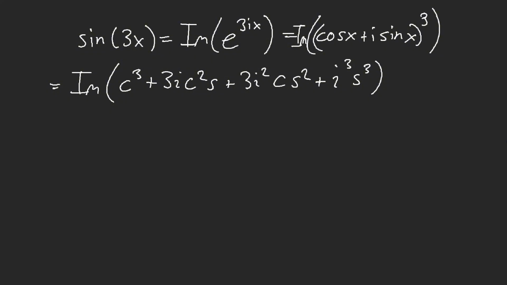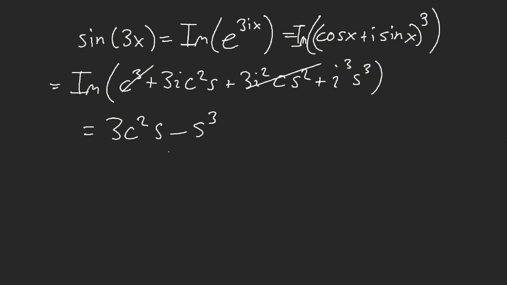Of course, we only focus on the imaginary part, so we don't care about the real part. So sine 3x is equal to 3 cosine square sine, oh, I'm sorry, not plus, because this is negative, so minus sine cube, right? i cubed is a negative number.